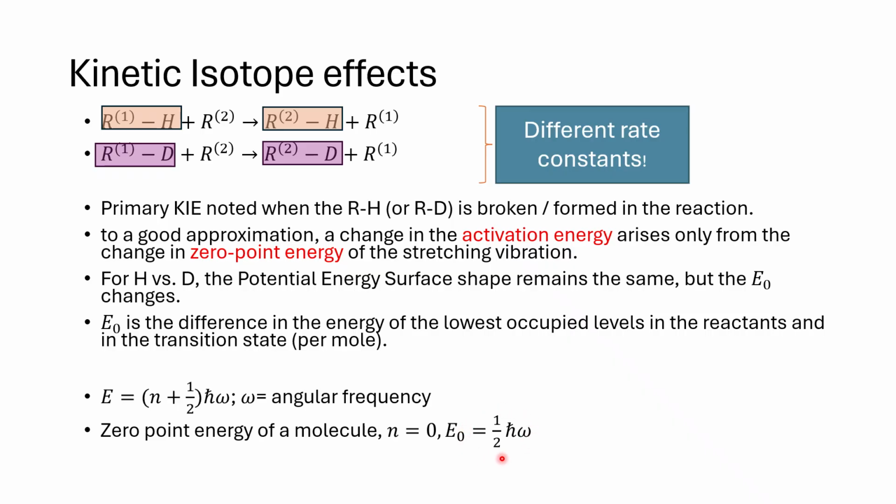Now, how do we relate this to the energy of the deuterium molecule and the hydrogen molecule? We need to find out the respective vibrational frequency for the molecule when it is substituted with the isotope as well as before the substitution.